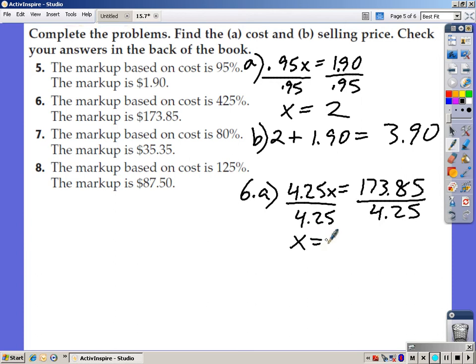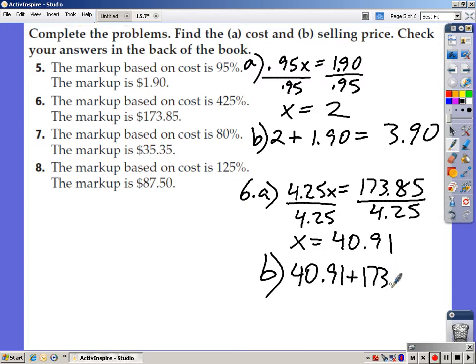Should get x equals, plug it in the calculator real fast, 173.85 divided by 4.25 is 40.91. Okay. Part B, 40.91 plus 173.85 is 214.76. All right.